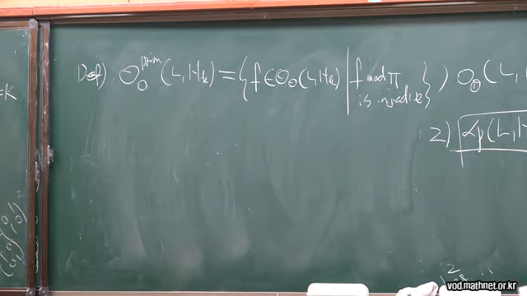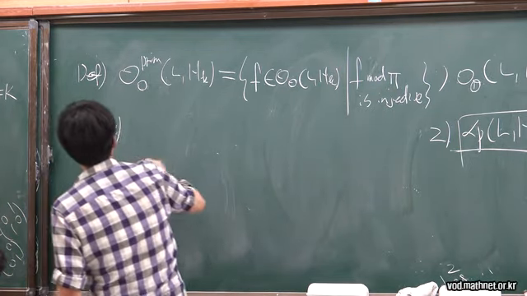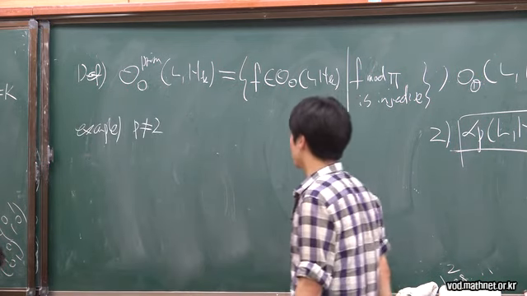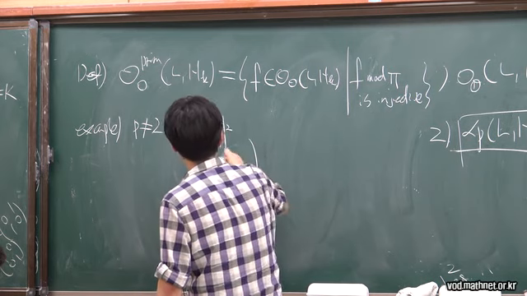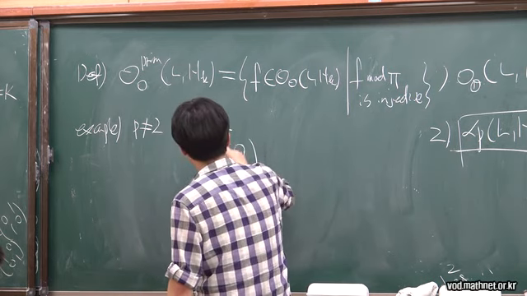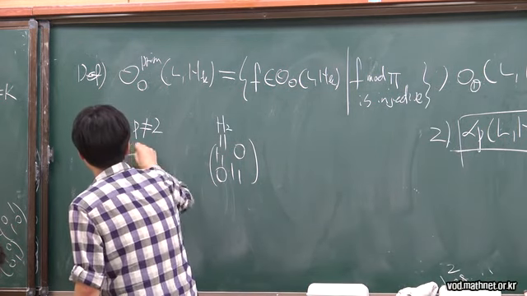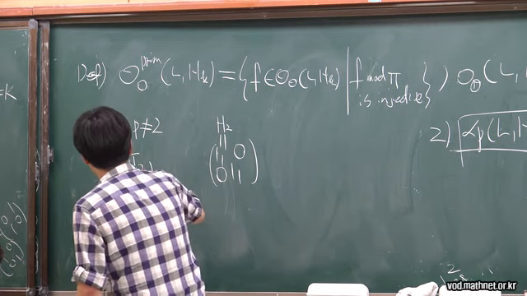So what does that mean? Let me give you one example. To simplify notation, assume that p is not 2. Then let me consider H_2. H_2 is isometric to the identity matrix. Now let's say that my coordinate lattice L is given by this matrix.